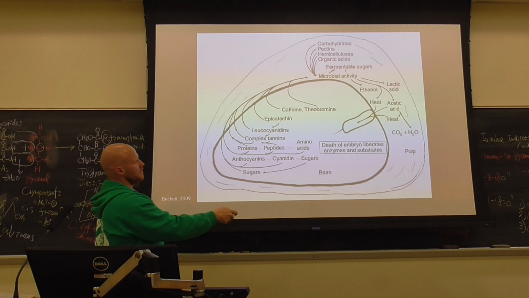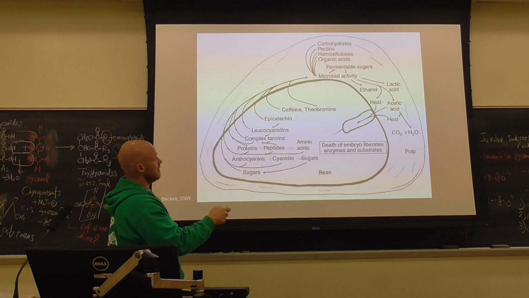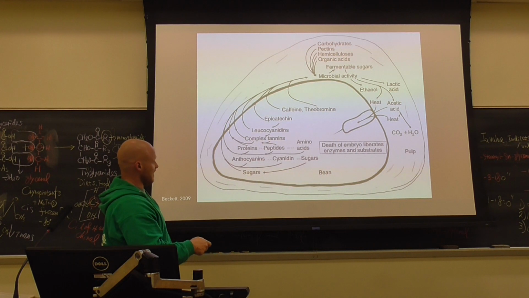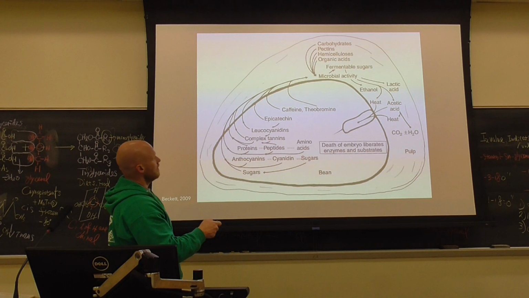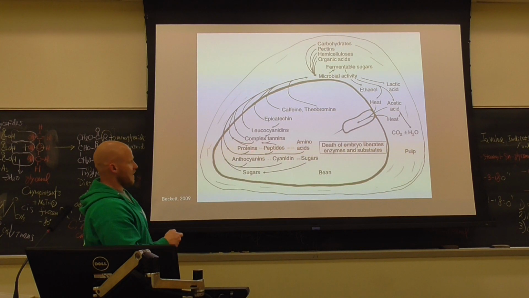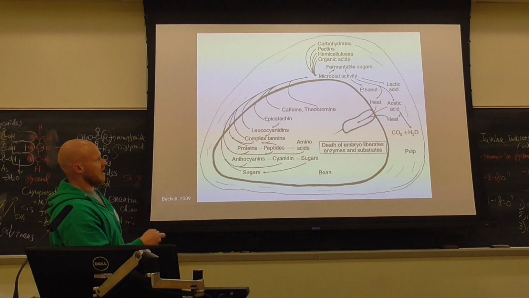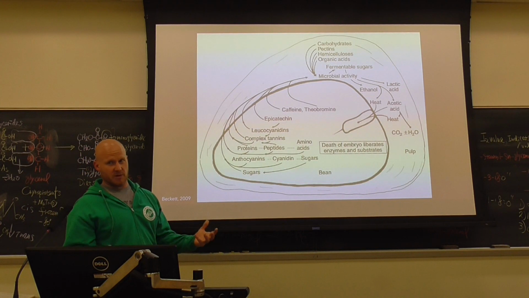So this is the pulp around that white section of the bean, and then this line is the bean itself. From the bean, we get those proteins and peptides that I talked about, the sugars, everything broken down during the fermentation process.